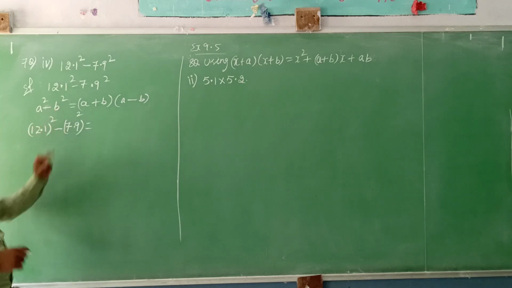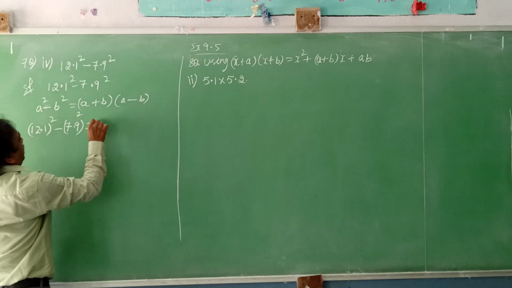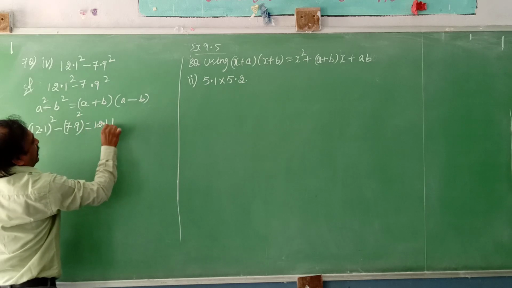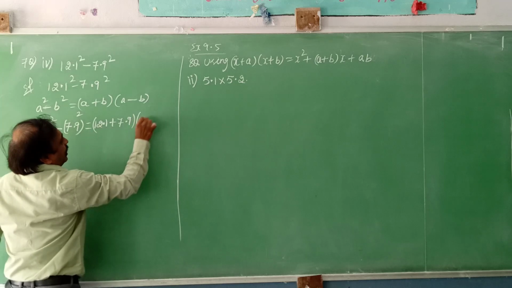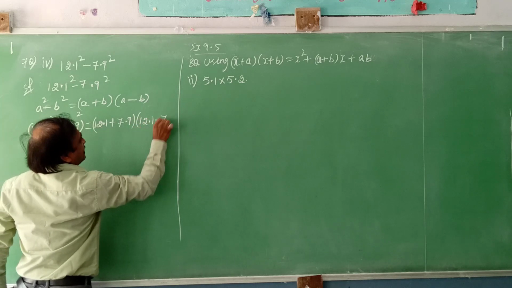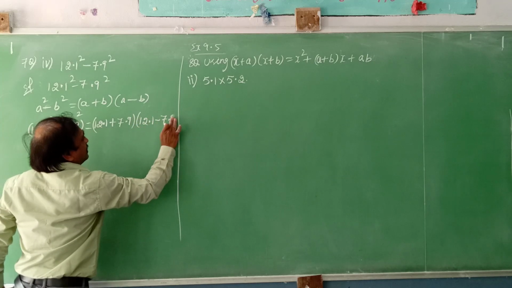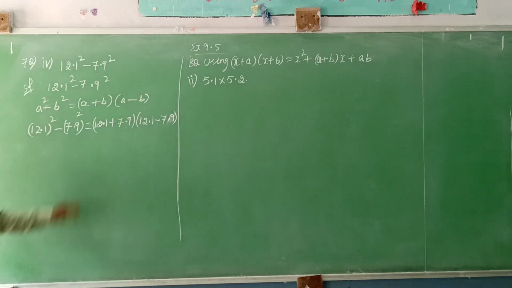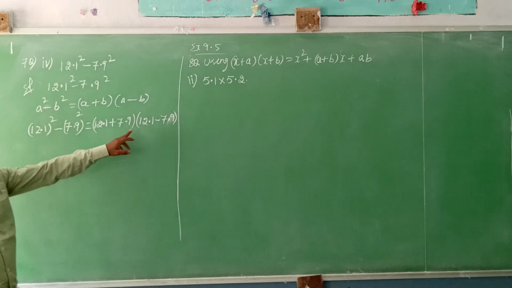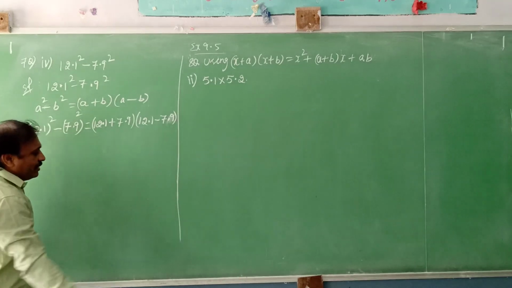So a plus b, 12.1 plus 7.9, into a minus b, 12.1 minus 7.9.